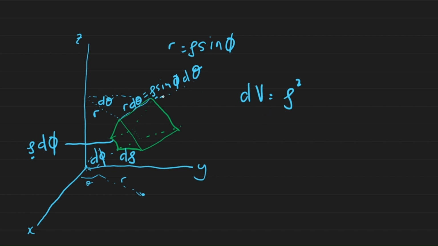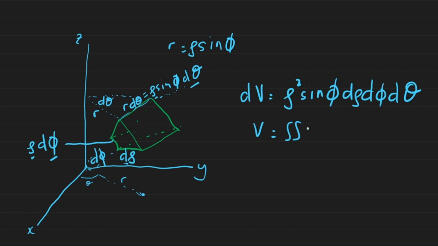Then we have this sine phi. And what's left is d rho, d phi, and d theta. So our volume is just the triple integral of this particular function. It's the triple integral across some region of rho squared sine phi, d rho, d phi, d theta.